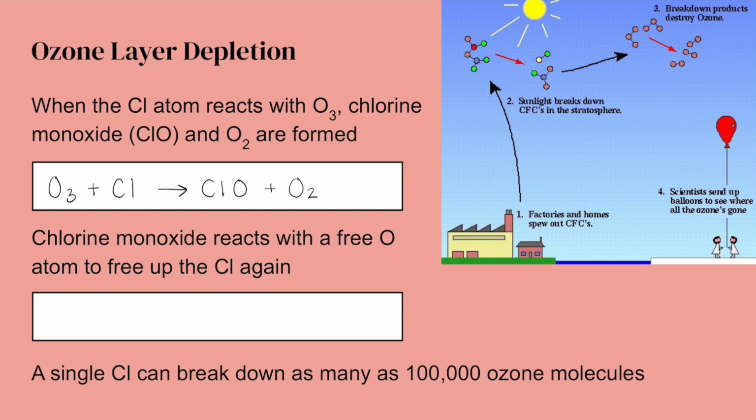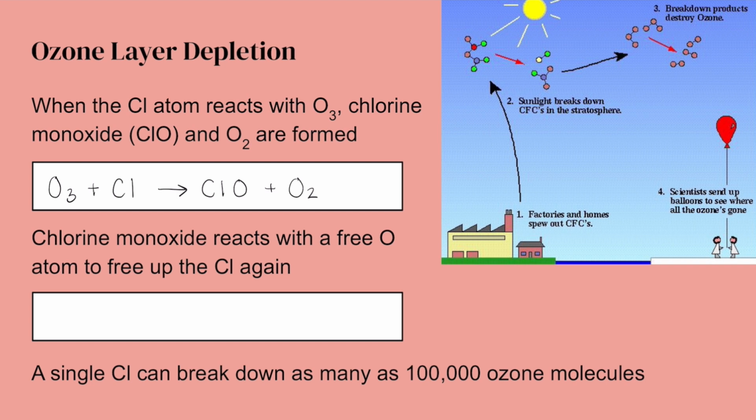So then what happens is this chlorine monoxide will react with a free oxygen atom that's just in the stratosphere. As we know, just having UV radiation entering can cause molecular oxygen to break apart into two oxygen atoms. So that chlorine monoxide will react with a free oxygen atom that's already in the atmosphere.